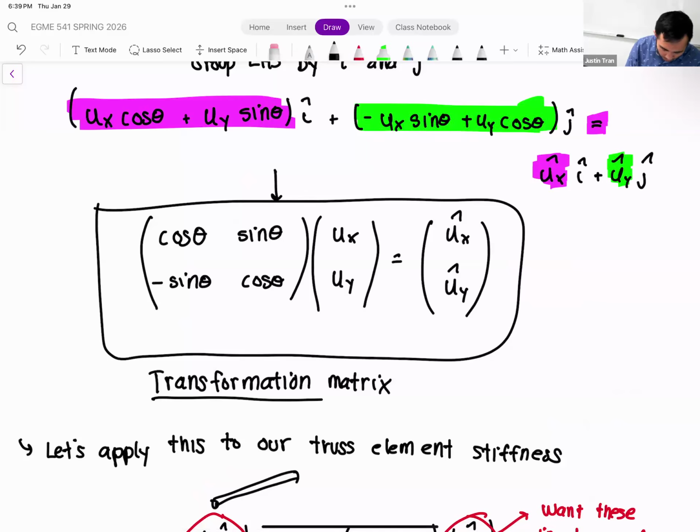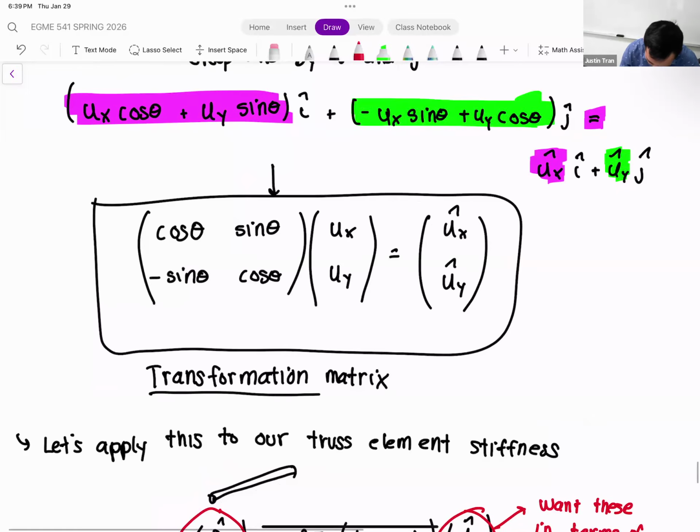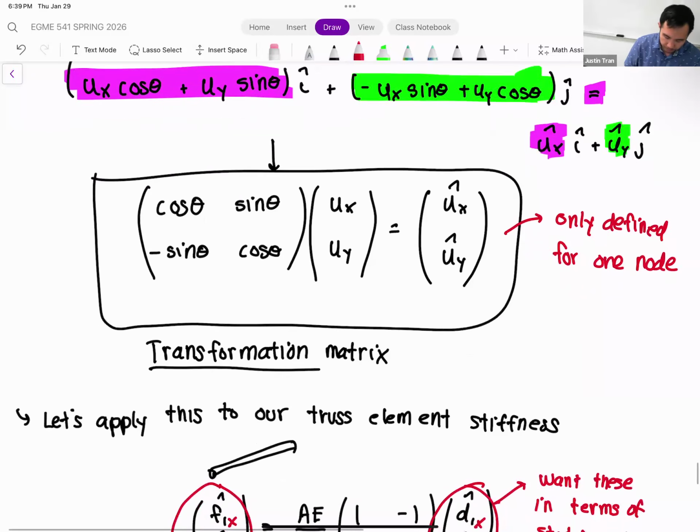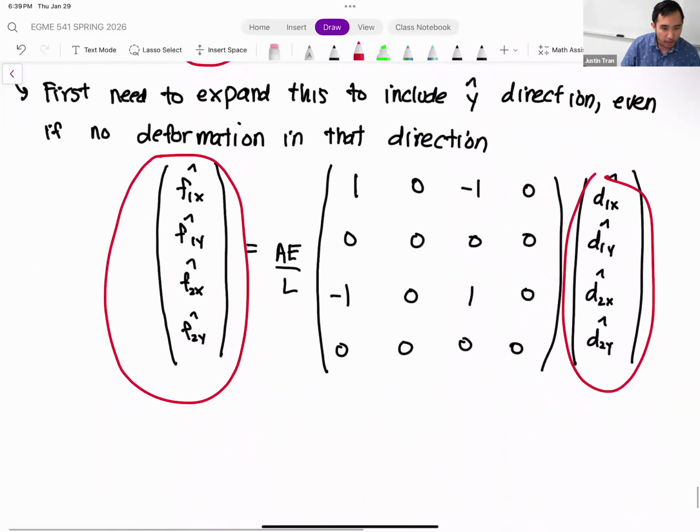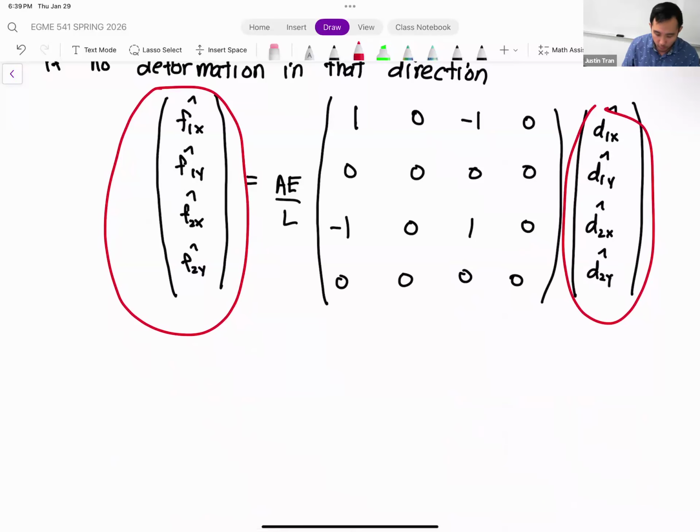The problem is this transformation matrix is basically applied to 1 node at a time. But our element stiffness matrix here obviously has 2 nodes. So the way that we're going to do that is put the same transformation matrix twice in the same 4x4 matrix.